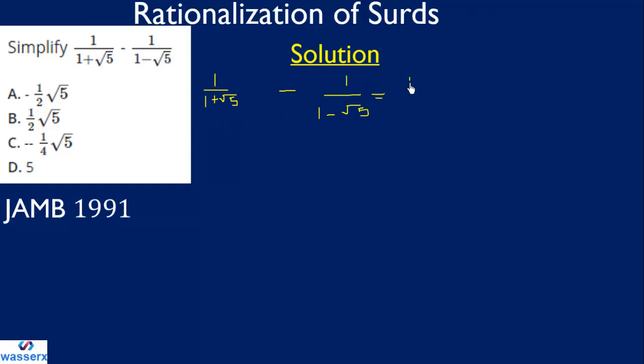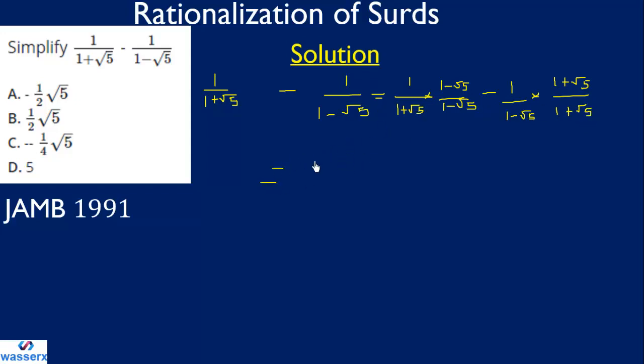We multiply both the numerator and the denominator of the first by the conjugate, which is 1 minus root 5. Then for the second, we multiply the numerator and denominator by 1 plus root 5.